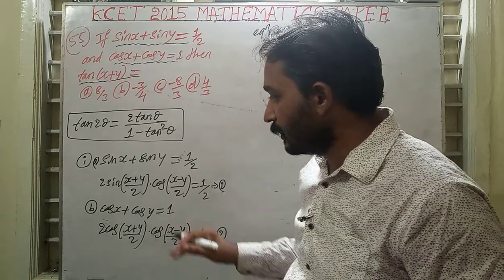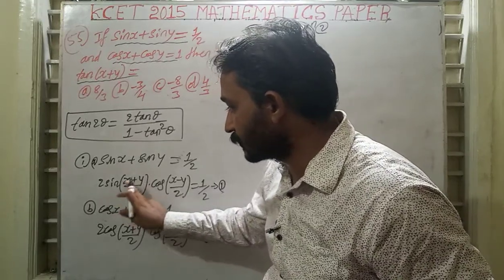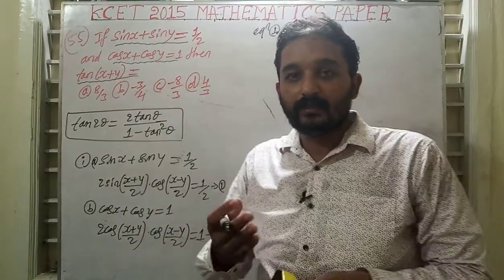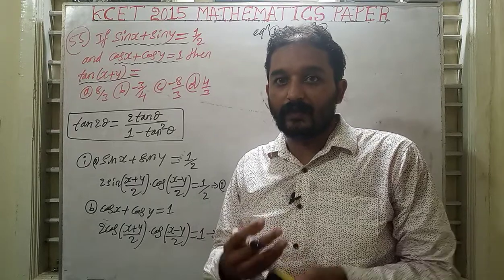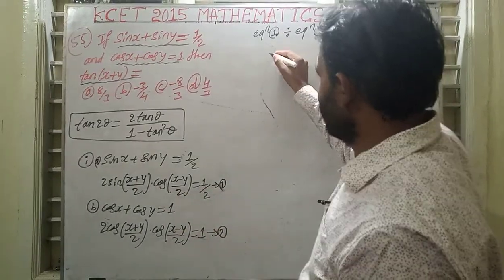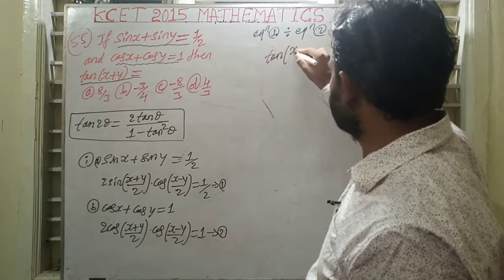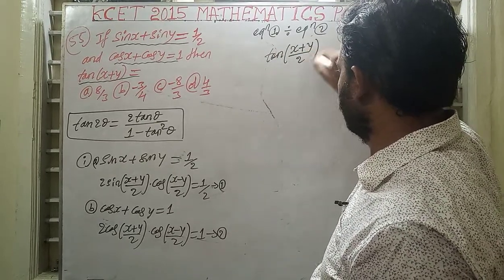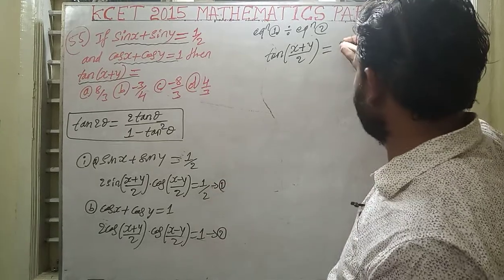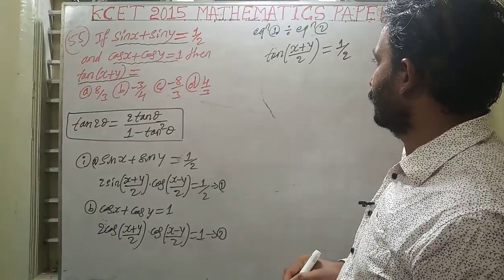So remaining in the numerator is sin of (x plus y) by 2, and in the denominator cos of (x plus y) by 2. Using the trigonometry condition, sin theta by cos theta is equal to tan theta. So the left hand side is tan of (x plus y) divided by 2, equal to, on the right hand side, 1 by 2 divided by 1, which is 1 by 2.